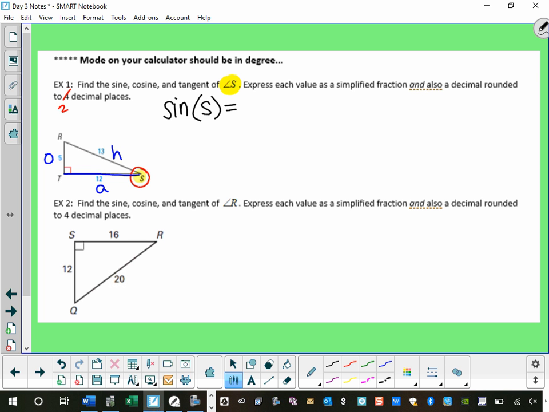Opposite over hypotenuse, right? What's the opposite of angle S? 5 over the hypotenuse, 13. Good, that's my fraction. Someone type this into your calculator, give me a decimal, and round it to 2 decimal places. 5 divided by 13.